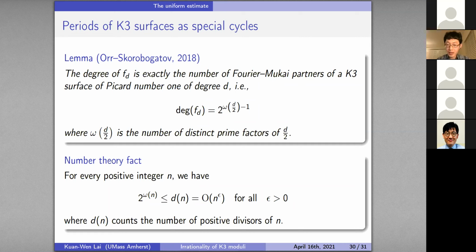And it turns out this grows very slowly with respect to n. It's bounded on the scale of n to the epsilon for every positive real number epsilon. This epsilon is also the epsilon that appears in our main theorem.